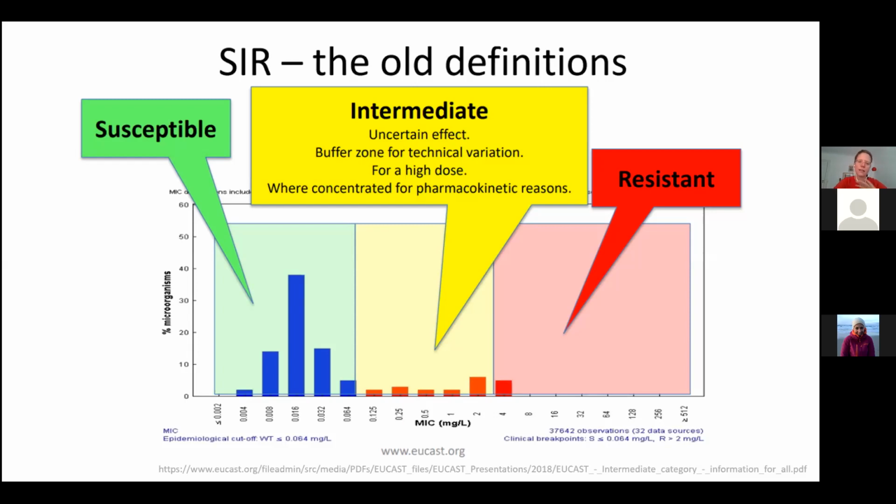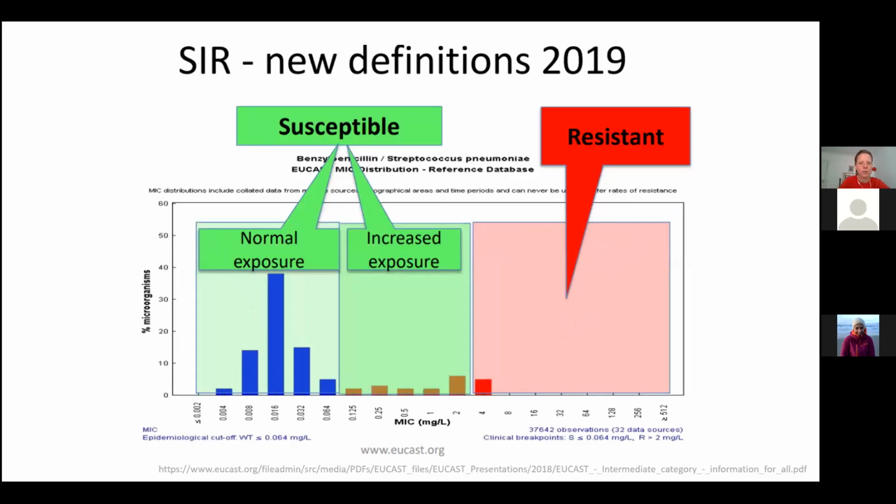So that is covered in the ATU now. And then the intermediate category also included that you could be able to treat this bacteria with this antibiotic if you used a high dose, or if there was a high concentration for pharmacokinetic reasons. And these 2 last ones is actually what the new I is about.